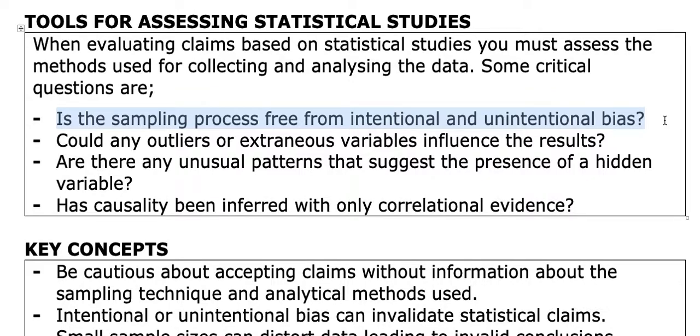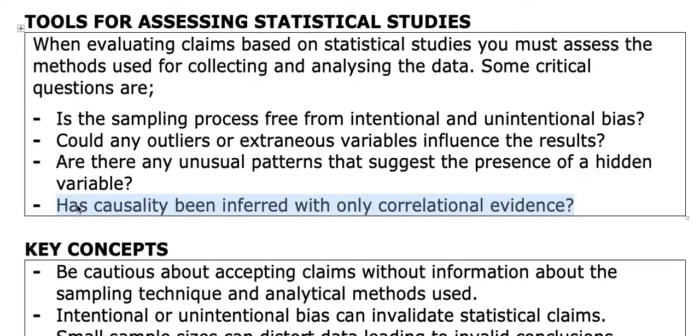Next, could any outliers or extraneous variables influence the results? This can sometimes be helpful if you have a background in the specific topic to be able to identify some of those extraneous variables. Next, are there unusual patterns that suggest the presence of a hidden variable? And has causality been inferred with only correlational evidence?